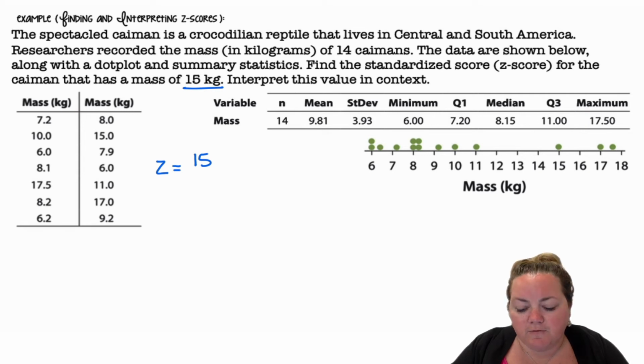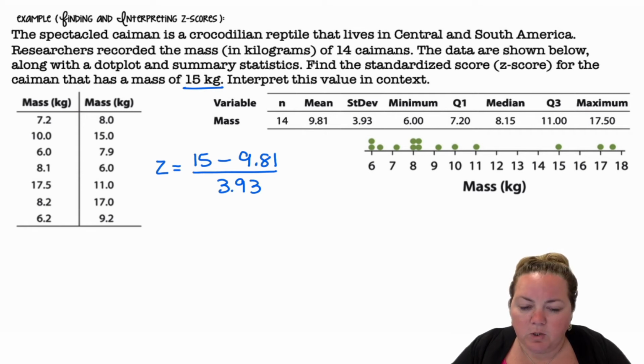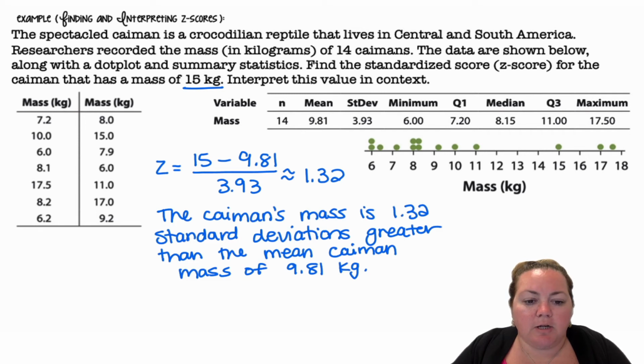So z is equal to 15 minus the mean, 9.81, divided by the standard deviation, 3.93, which gives us approximately 1.32. And I'm going to interpret this. Remember, the z-score is how many standard deviations we are from the mean. So the caiman's mass is 1.32 standard deviations greater than the mean caiman mass of 9.81 kilograms.